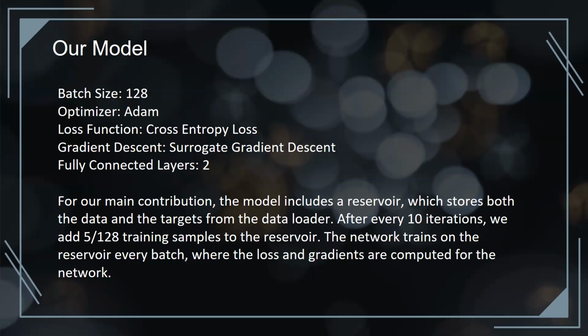Our main contribution in this was the reservoir. The way we implemented it, the reservoir was basically just a list where the data point and the target were appended. During training, approximately every 10 training cycles, it would take 5 out of the 128 samples and append them to the list.